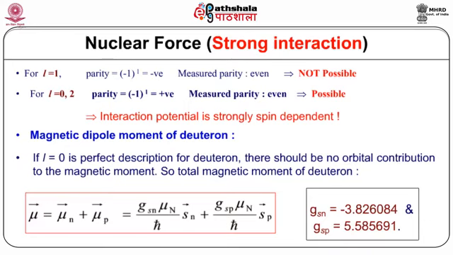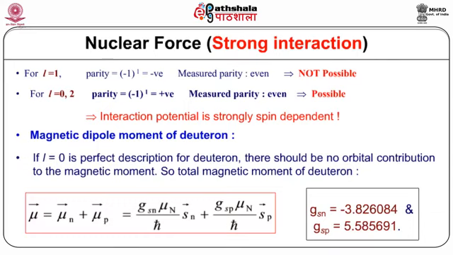The magnetic dipole moment of the deuteron is given by this expression. It states that if we consider that the deuteron ground state has L = 0, then mu L, the magnetic dipole moment due to orbital motion, has to be 0.